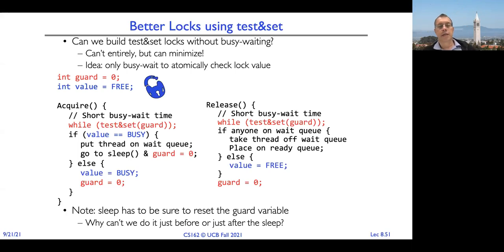So for instance, you yield the processor to another thread. That thread can execute. It may not be the thread that has the lock. When that thread finishes, or when its time quantum finishes, you are going to be woken again, and so forth. So it's still not as efficient. It's better than just doing busy wait, but it's not as good as putting the thread on the wait queue and being woken up only when the lock is released. In this case, you are going to be woken up multiple times.